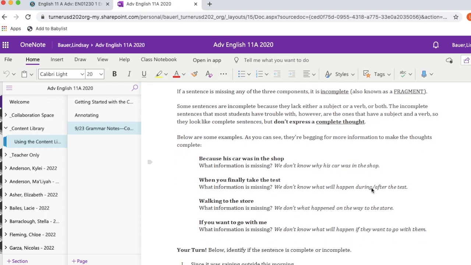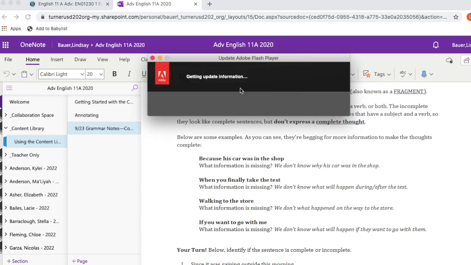The rest of this is really just looking at incomplete versus complete sentences in different ways. These down here are all incomplete, and then we see here why they're incomplete, what the information is that we are missing. And guys, if you read these out loud, you're going to notice they do not sound complete. Because his car was in the shop. Okay, what happened? We don't know.